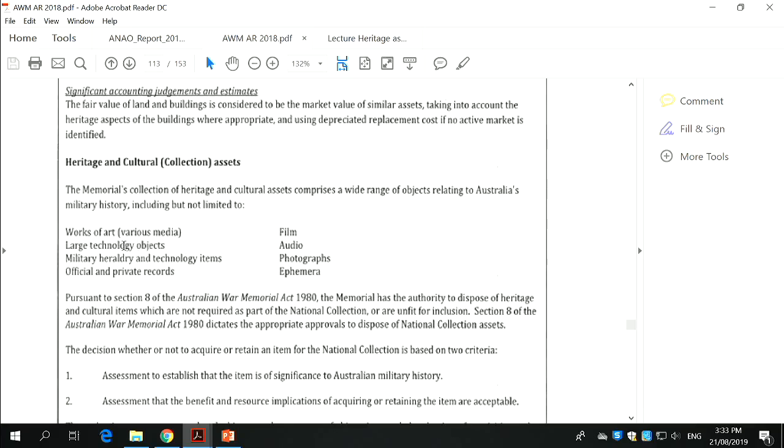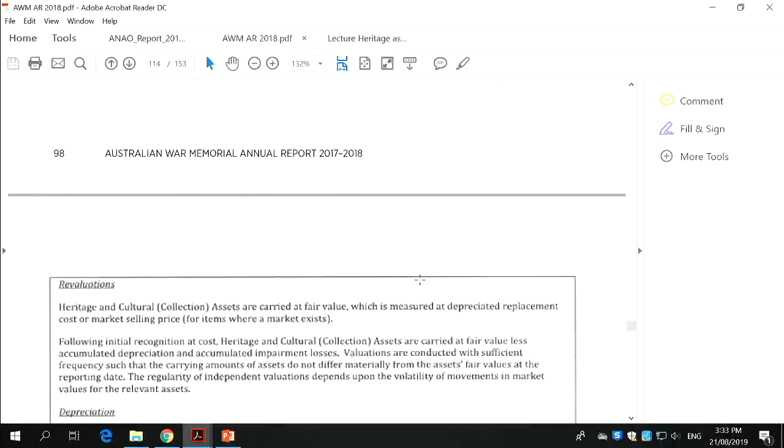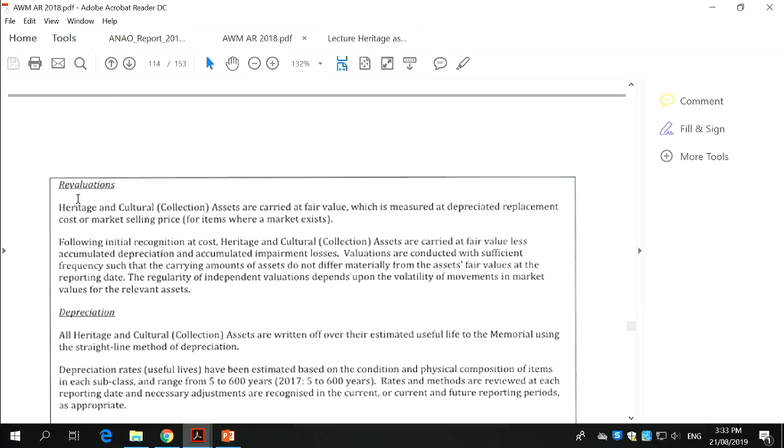The works of art, some of the military technology items, and film, audio, etc. So there is quite a variety of items included. In terms of valuation, they are carried at fair value, which is measured at depreciated replacement cost or market selling price for items where a market exists.